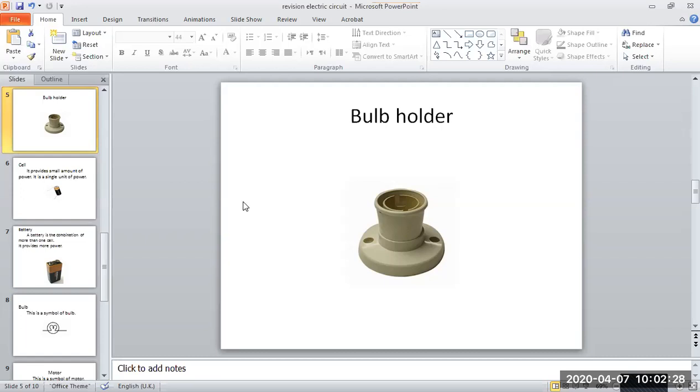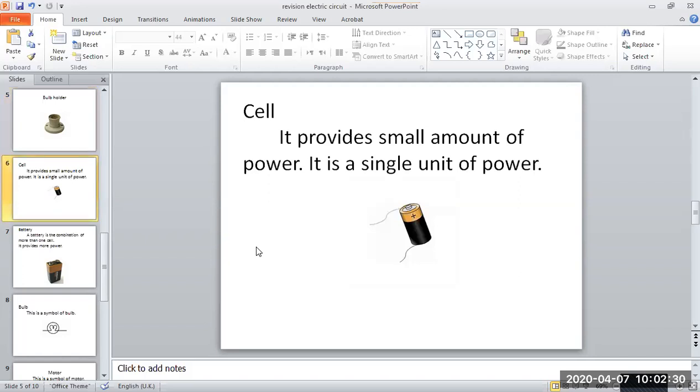This is the bulb holder. Then cell. What is a cell? It provides a small amount of power, and it is a single unit of power. Okay, it is small, and we use one cell or two cells in toy cars because we can use it safely. Main electricity is dangerous to use in our toys.